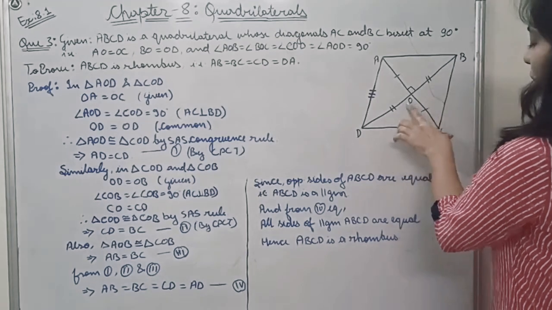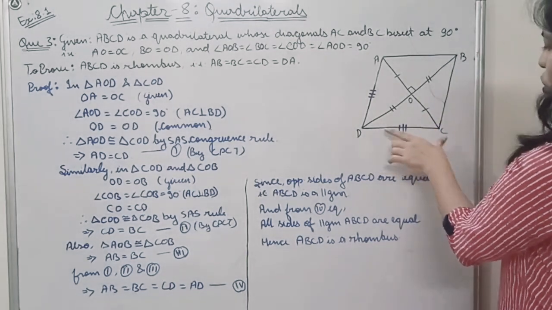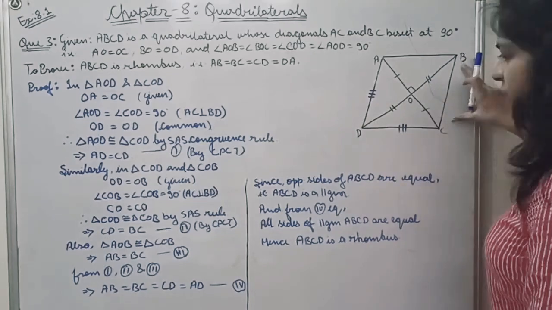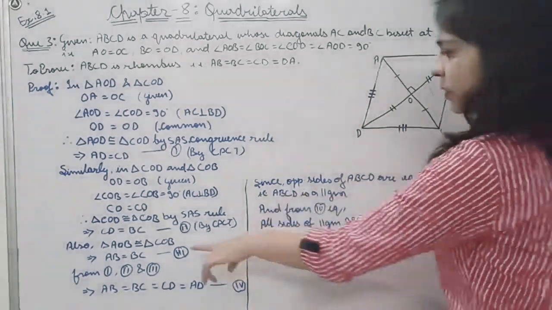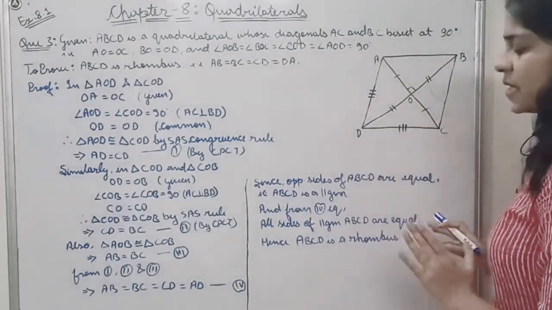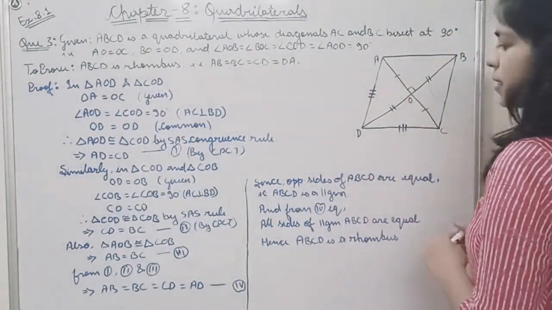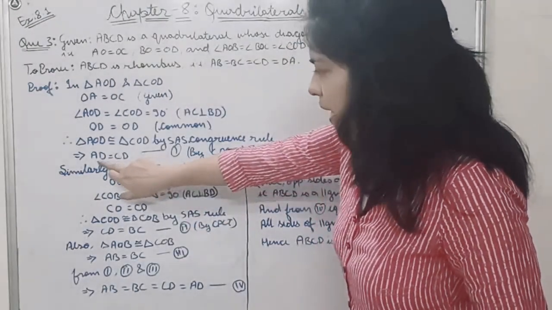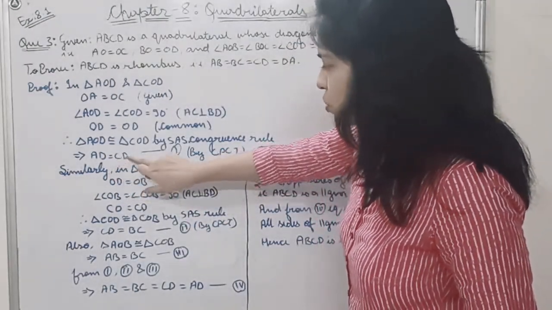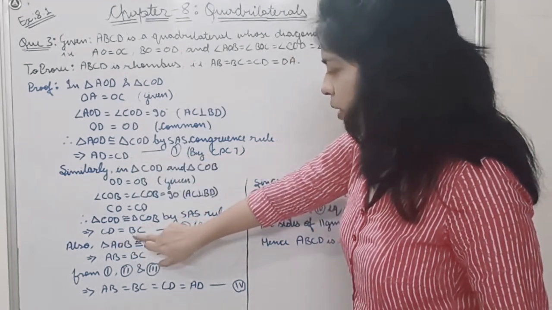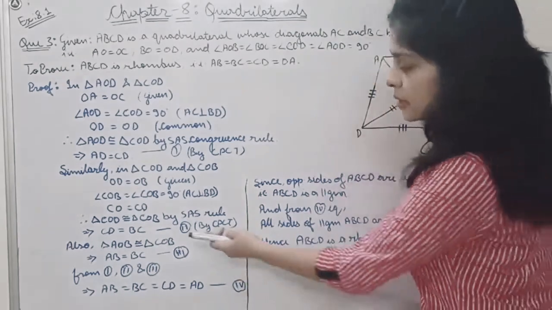Side opposite to right angle is hypotenuse. So for this triangle hypotenuse is CD, and for this triangle hypotenuse is BC. So corresponding hypotenuse will be equal. CD is equal to BC by CPCT, as corresponding parts of congruent triangles are equal. As we have named, AD is equal to CD is the first equation. Similarly, CD equal to BC is the second equation.